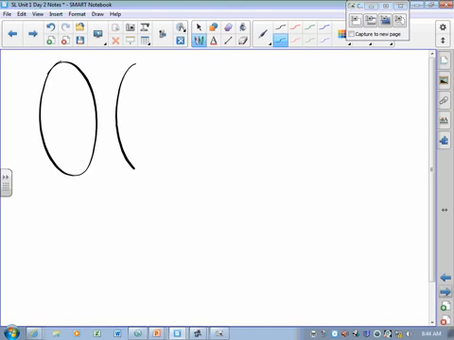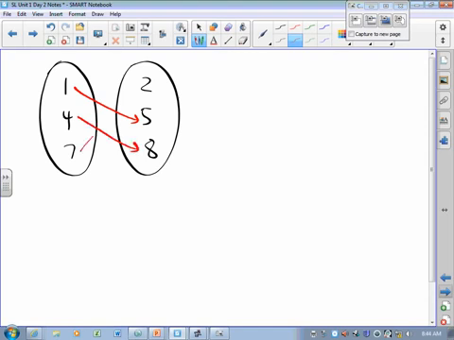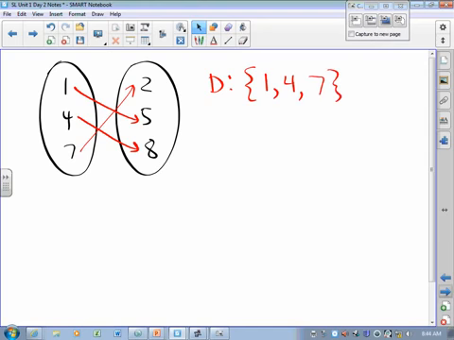In a discrete case, you've got 1, 4, 7, 2, 5, 8. This is a function like so. Every x goes to exactly 1 y. When we ask for the domain, it is the set of inputs, and the set of inputs is the set of 1, 4, and 7.